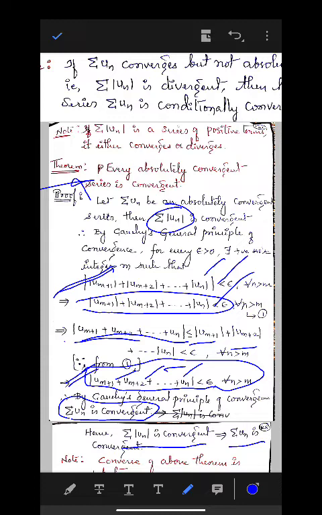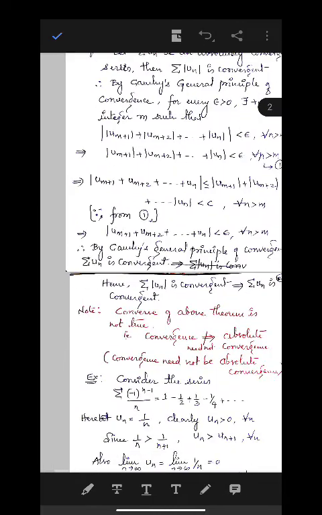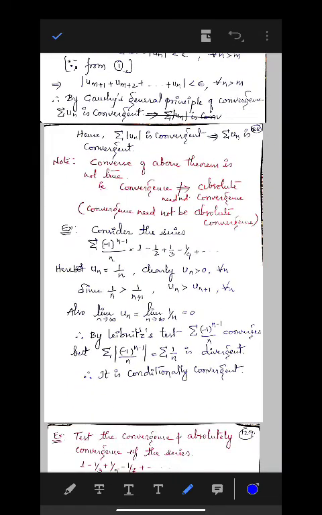The converse of this theorem I am discussing, right? Is every convergent series absolutely convergent? So no. So here we are giving an example of the converse of the theorem, right? So convergence need not be absolute convergence. So that is the converse of the above theorem, right?